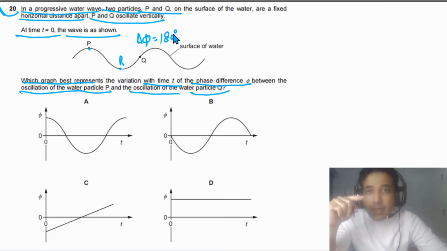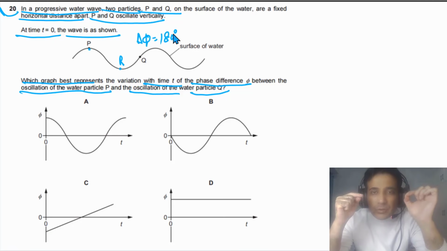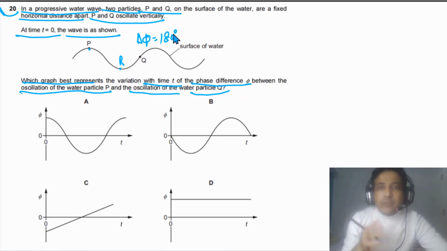And these two particles have the same frequency and same time period. So the phase difference between these particles will not change with time. It will always stay 180 degrees. So phase difference simply does not change with time.